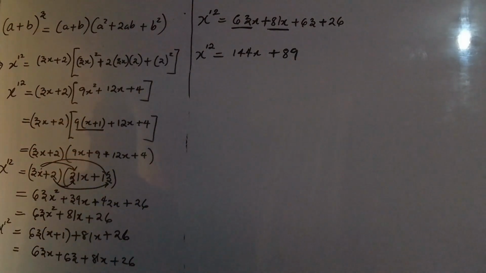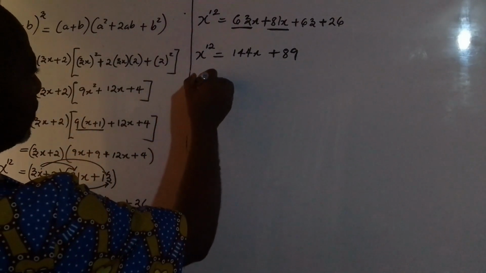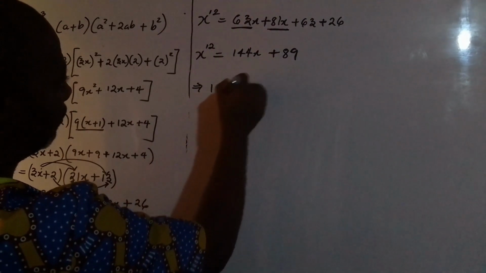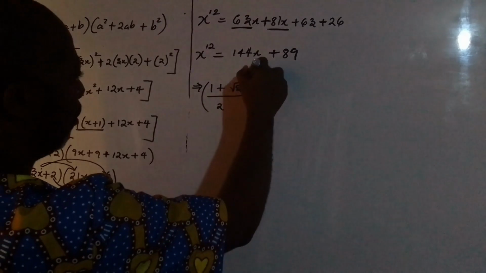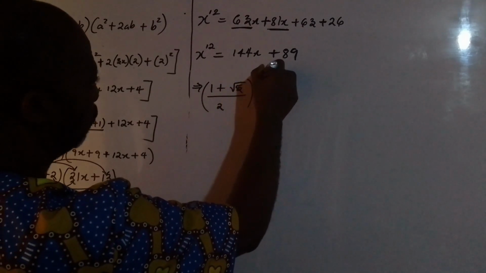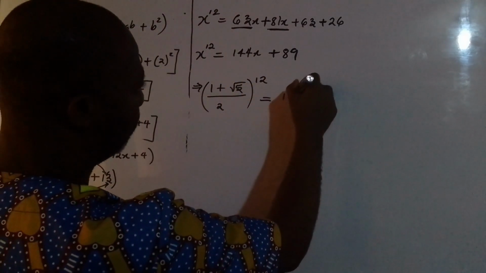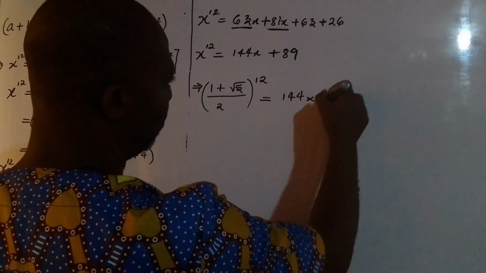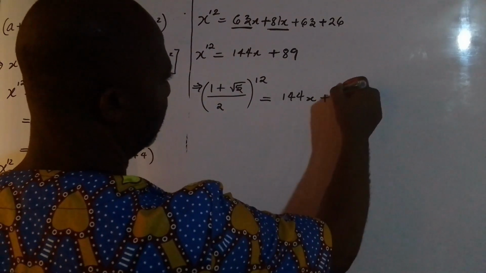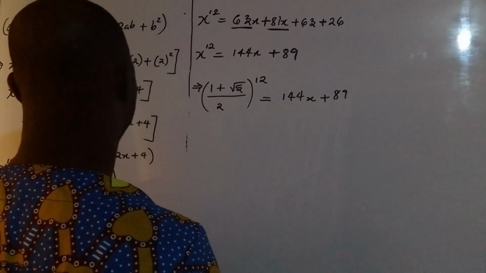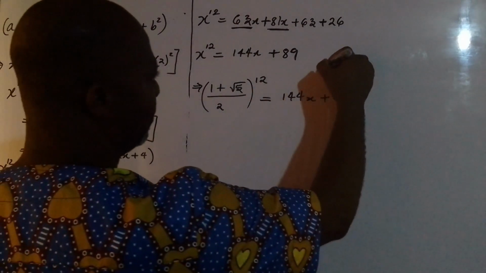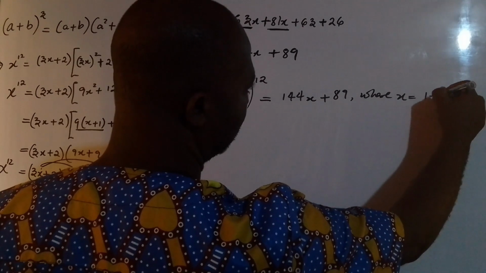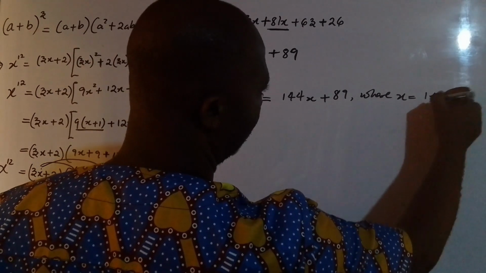So this implies that ((1 + root 5) over 2) to the power of 2, all raised to the power of 12, is the same thing as 144x + 89. Of course, we should know that x is (1 + root 5) over 2.